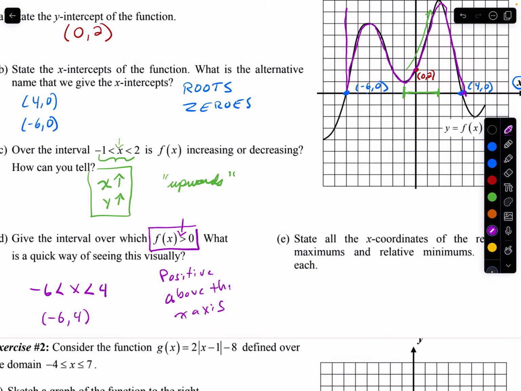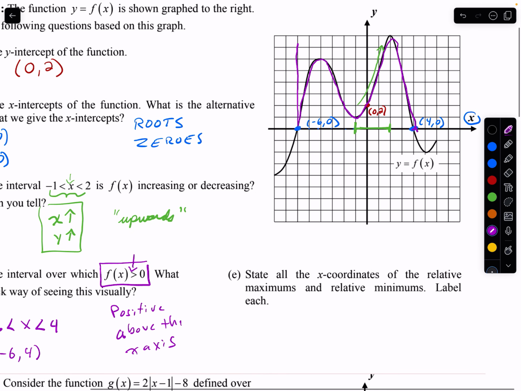And a last little thing: state all the x coordinates of the relative minimums and relative maximums. Since we don't know the function continues beyond here, this point right here is a maximum.